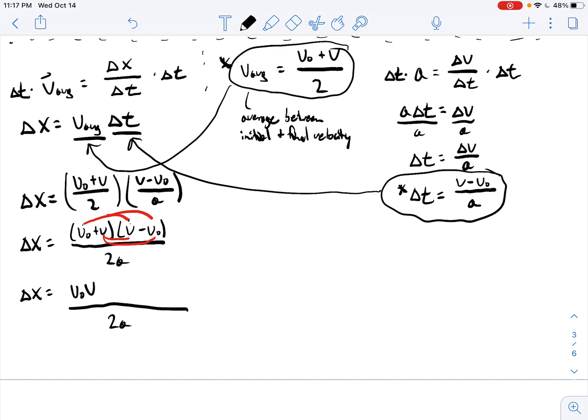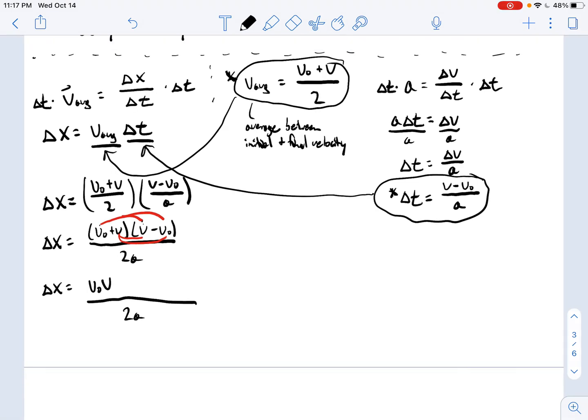The next thing is v initial multiplied by the second v initial, which gives us a negative v initial squared. No, excuse me, that squared should be on the inside of our parentheses.